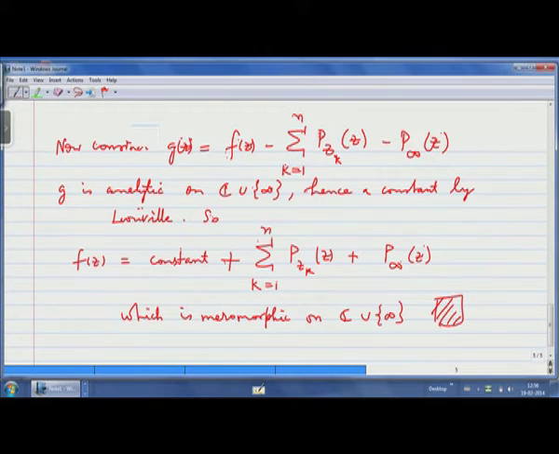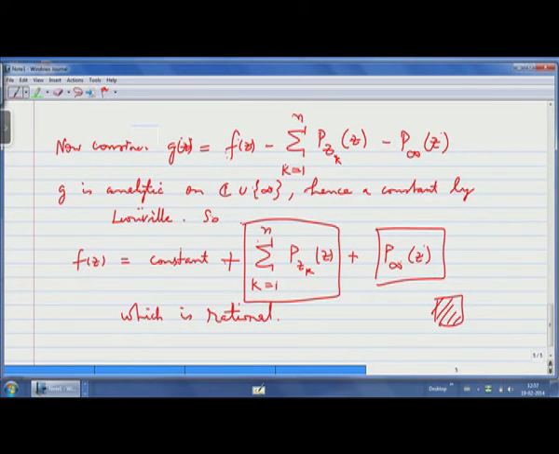In fact what I want to say is not that it is meromorphic, of course it is meromorphic; the point is it is rational. We wanted to show that a meromorphic function on the extended plane is a rational function.